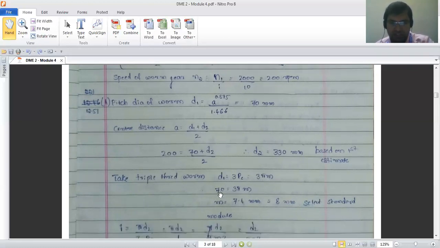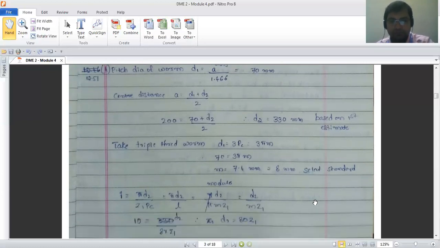D1 is known, 70 mm. With this, we can estimate the module value. The module will come around 7.4 millimeter, which will be rounded off to the next higher value, 8 millimeter, which is selected as a standard module.